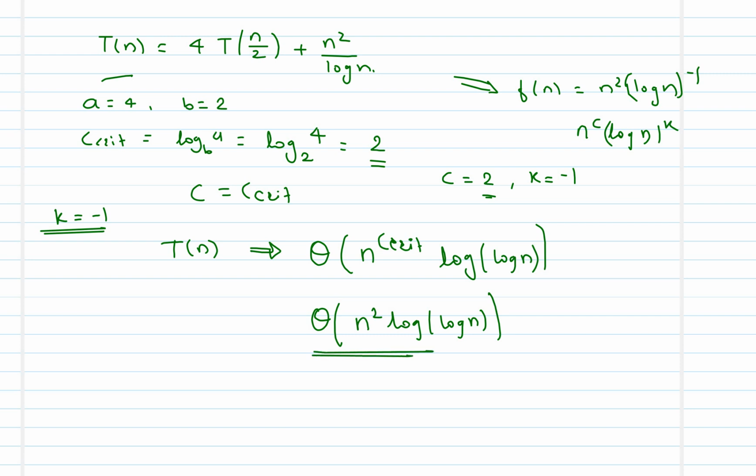And for the last case, let's take one more recurrence relation: T of n equal to 2T of n by 2 plus n upon log n square. I'll take it a little bit faster.